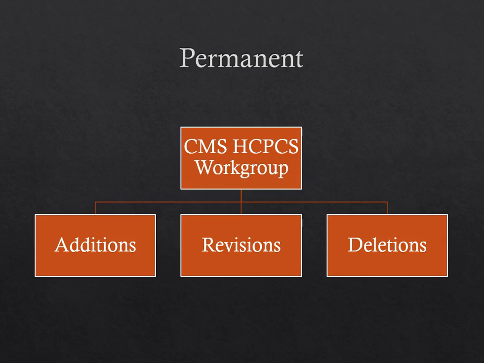Now, keep in mind, HCPCS is a national code system, and so none of the parties, including CMS, can make any unilateral decisions regarding permanent national codes. So these codes are intended to be used by all private and public health insurers. So this work group works collaboratively to add, revise, and delete codes.